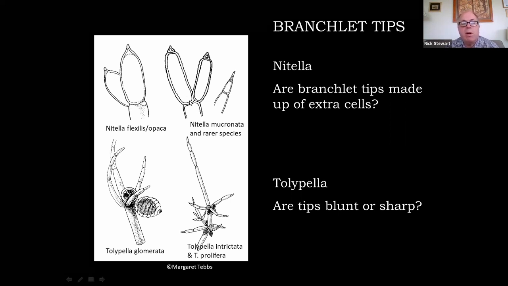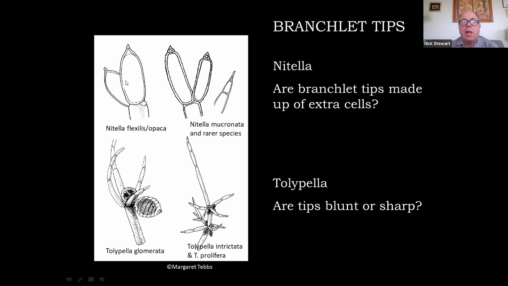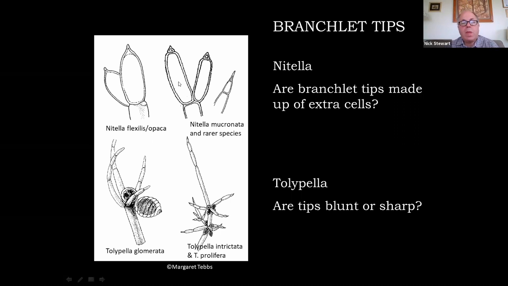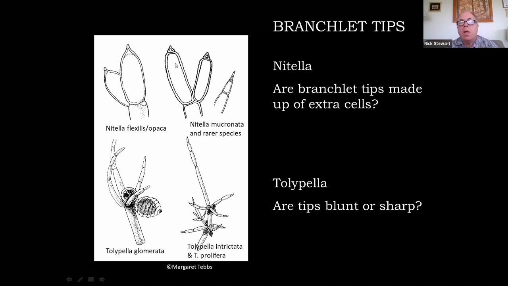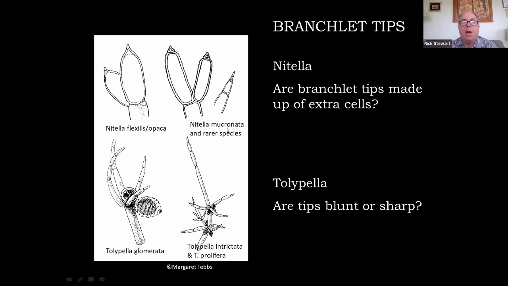But you're looking essentially at this last segment of the branch, from the last fork to the tip, and in most of the Nitellas you'll see just a single cell. But there is Nitella mucronata, which is probably on the increase at the moment, and you'll find this extra cell forming the tip. Also, most of the rarer Nitellas have these extra cells as well.